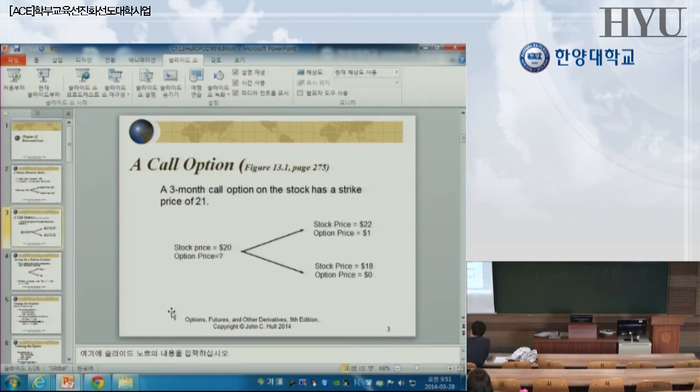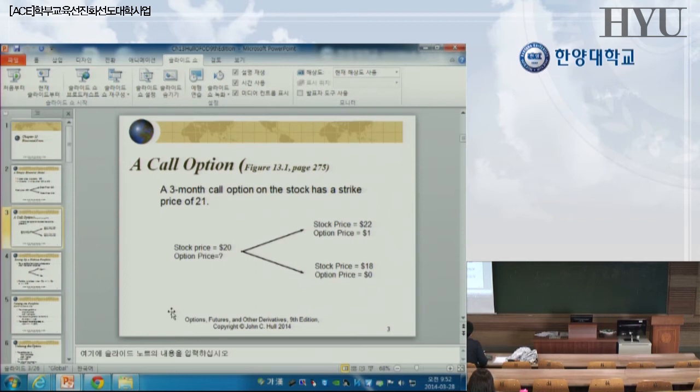By the way, there are a lot of ways to make a contract to pay $1 in this scenario and $0 in this scenario. In this textbook, they structure that contract using a call option. A call option is basically the right to buy an asset at $21.